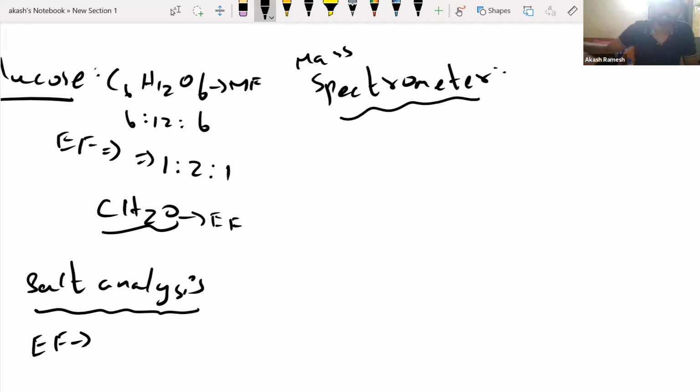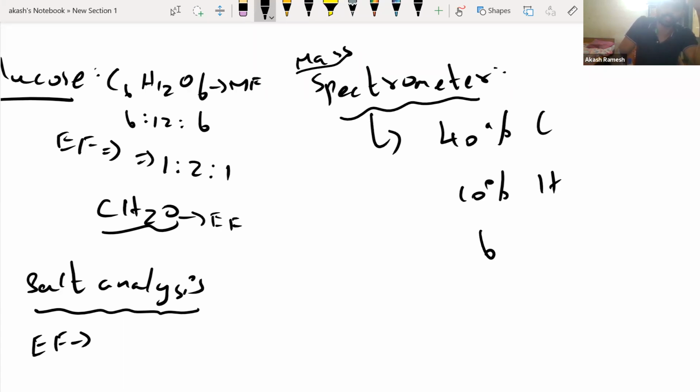Now I have the unknown compound with me. I know that this compound contains carbon, hydrogen, and oxygen. Now, if I give this compound to this mass spectrometer, it is going to tell me that say 40% of carbon is there, say 10% of hydrogen is there, and 50% of oxygen is there.